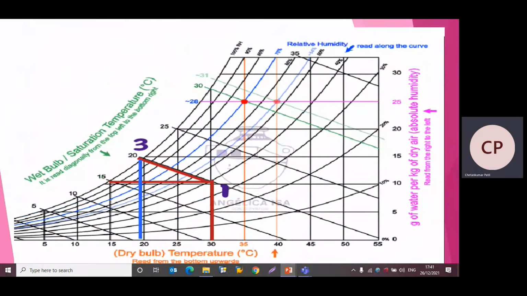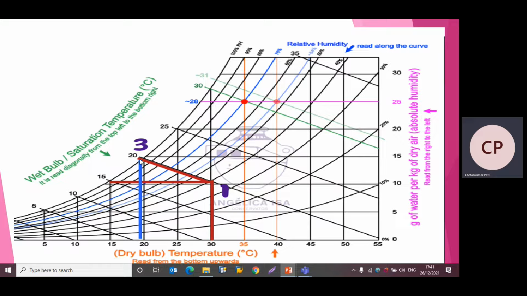So from this point 1 up to the saturation line, that is 100% relative humidity, we will say that point 3 is there. Now we will take the dry bulb temperature at this point 3. So how to find out that? Here the blue line indicates the dry bulb temperature.